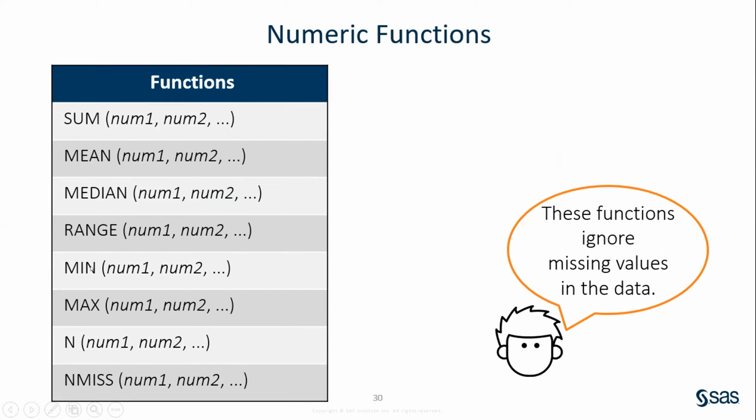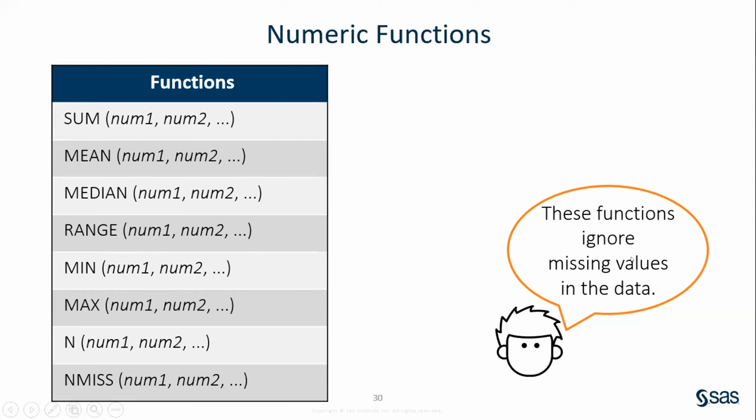Then median, range, minimum values, max values, and number of non-missing values. n means the number of non-missing values, total rows or count of the values, and n miss means the number of missing values. So here it gives the number of non-missing values, and here how many values are missing, that is n miss, from your arguments.